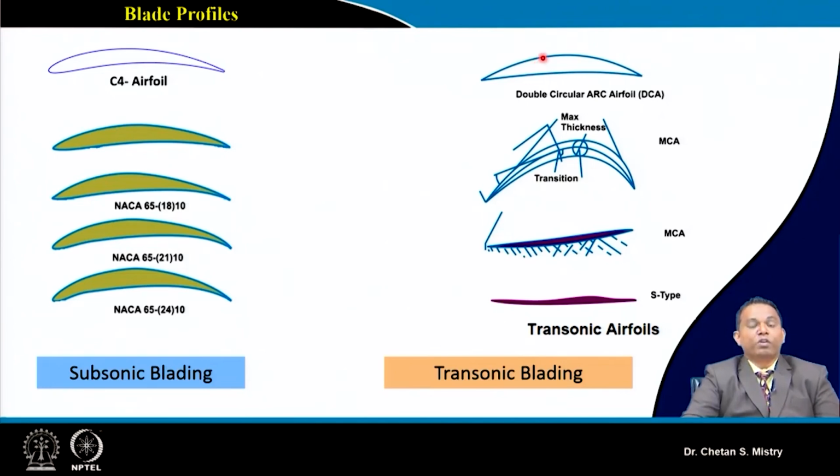So the radius we select is very important for our double circular arc aerofoil. Here, for double circular arc, the maximum thickness is at the mid station, say 50% of my chord.